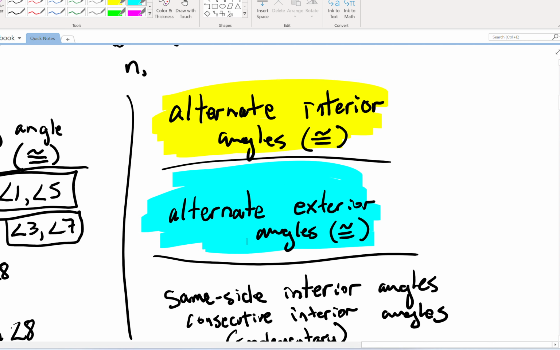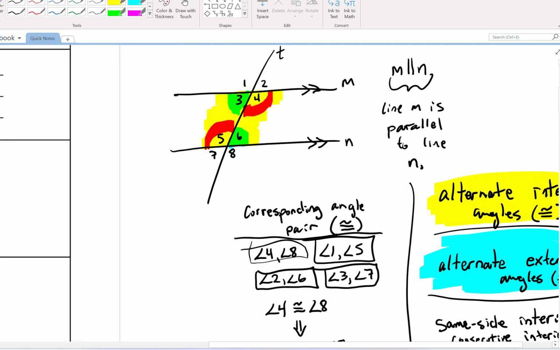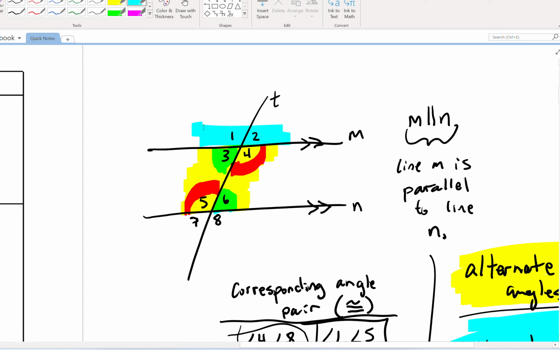The alternate exterior angles, again exterior, now we're looking at the ones on the outside of the parallel lines. So all of these angles here, 1 and 2, 7 and 8, are on the outside of those lines. So they're exterior angles. Once again, angle 2 and angle 7 are alternate exterior angles, and so 2 and 7 are congruent.